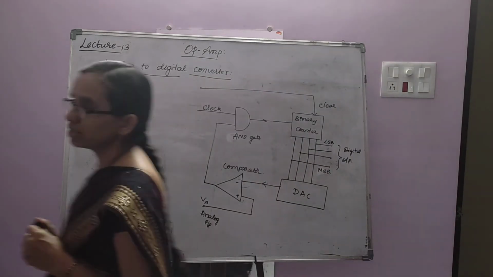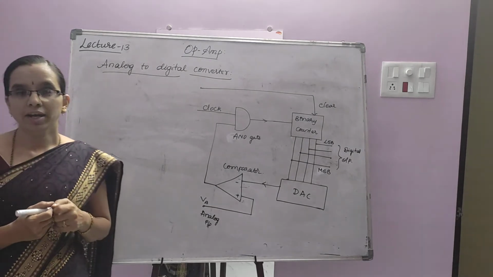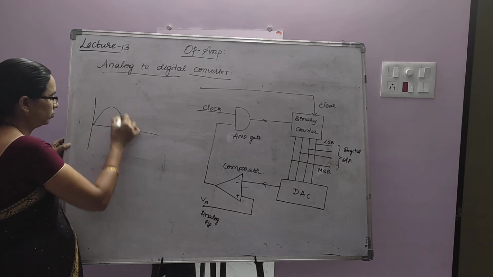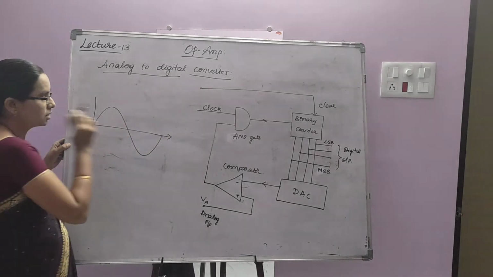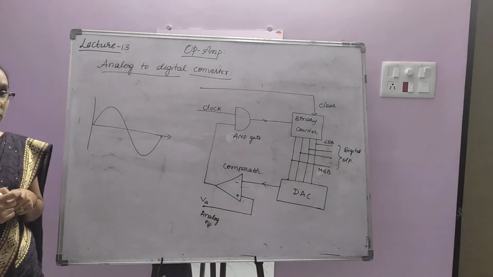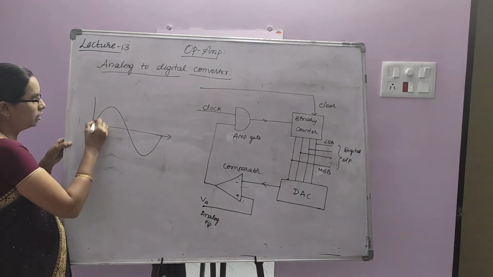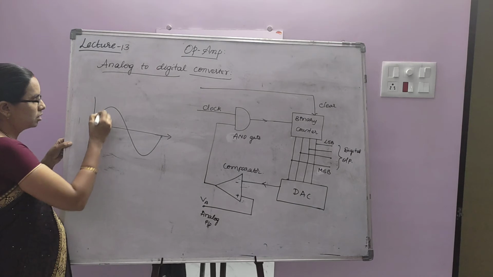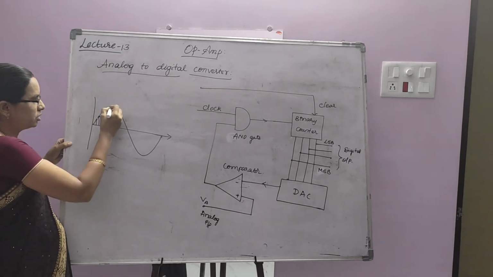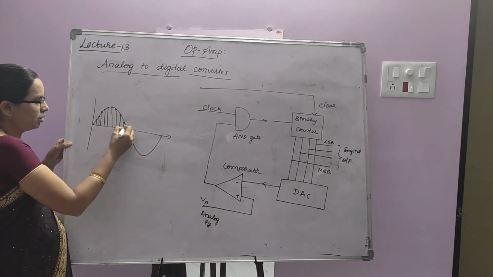Okay students, let's look into the ADC circuit, that is analog to digital converter. Analog signal is a continuous signal and this analog signal will be converted into digital signal. So how? See, for example, if this is a continuously varying signal, they will collect sample voltages from it.